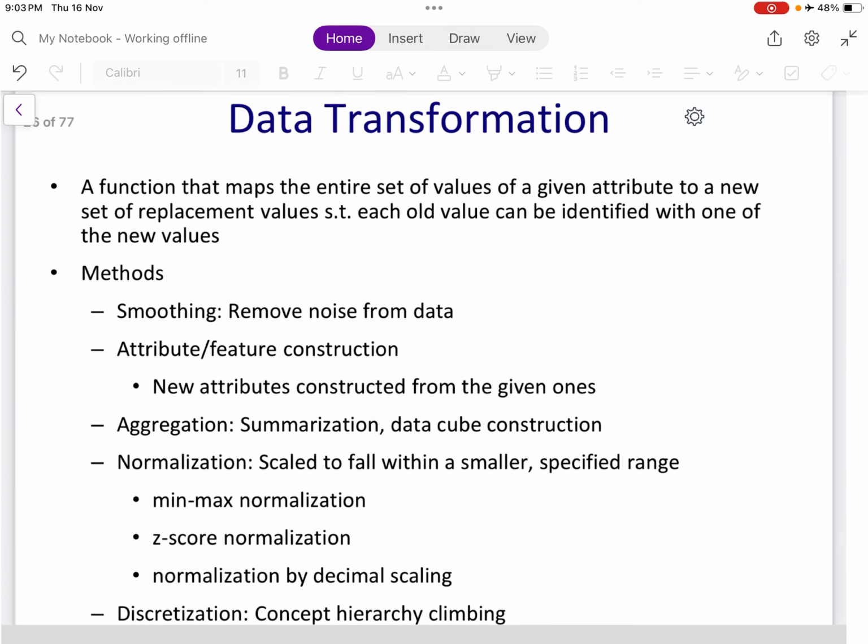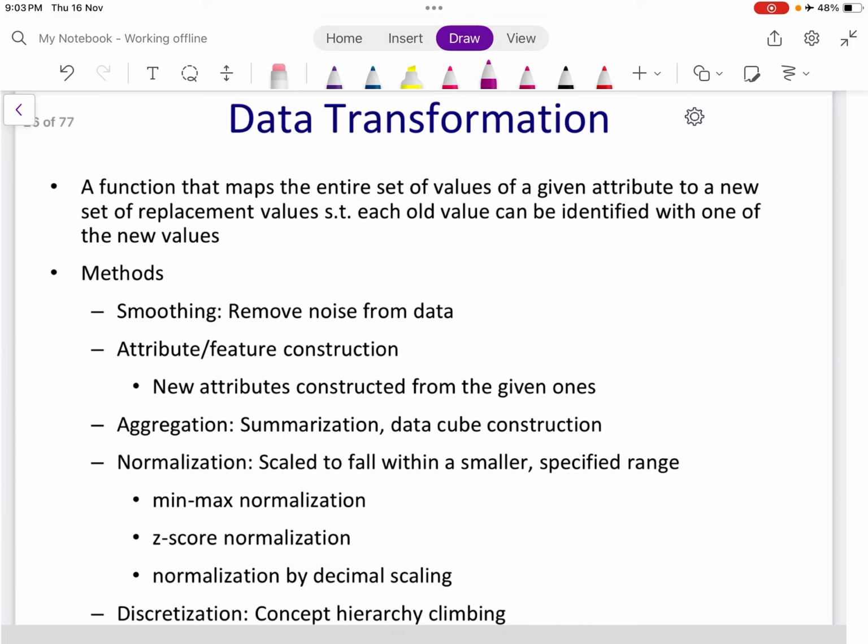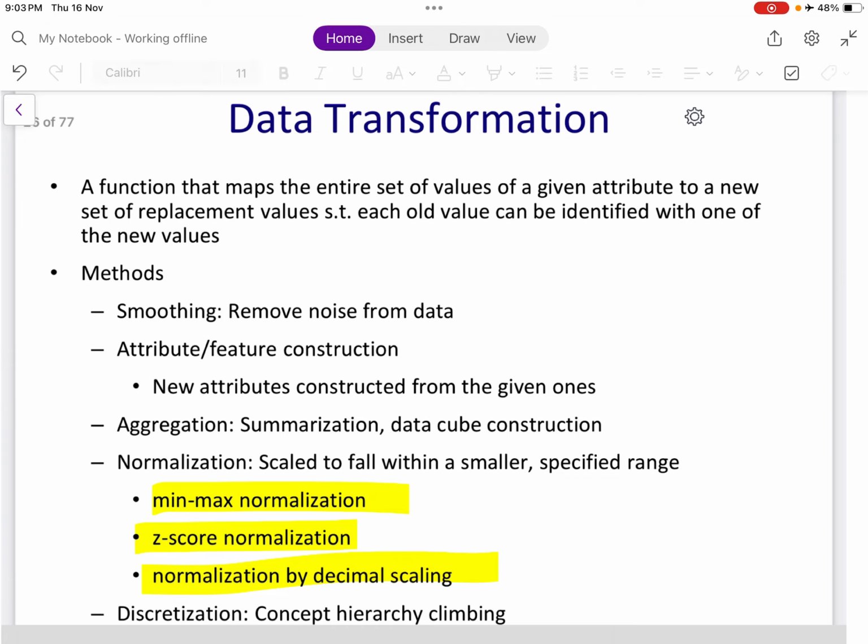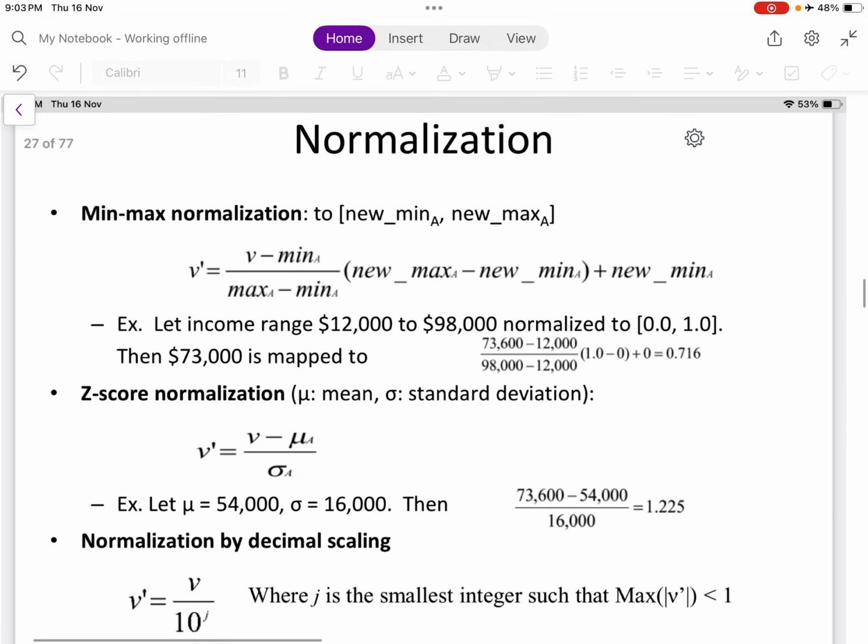Methods: smoothing, remove noise from the data; attribute or feature construction, new attributes constructed from the given ones; aggregation, summarization, data cube construction; normalization, scale to fall within a smaller specified range. You have the 3 types, that is min-max normalization, z-score normalization and normalization by decimal scaling. And we have discretization, that is your concept hierarchy climbing up.